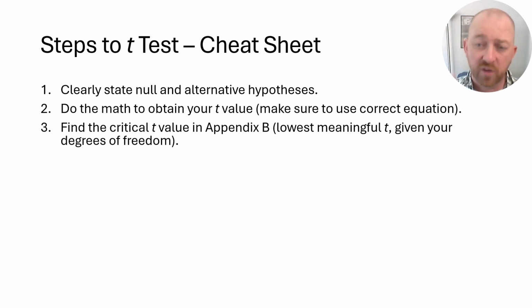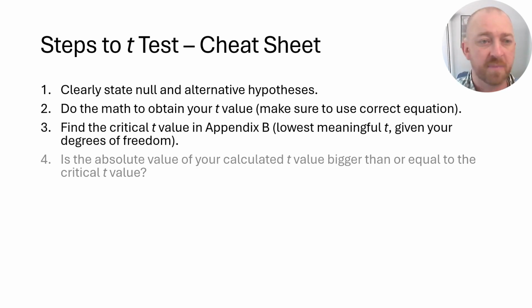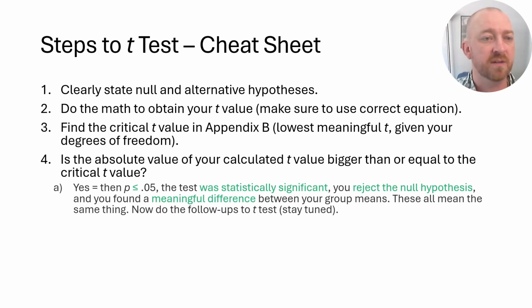Then you need to find the critical value using your degrees of freedom. So again, you use the degrees of freedom that you calculate. It's just n1 plus n2 minus 2. And then you find out your critical t-value using that appendix B. Then you test, is your value that you calculated bigger or smaller than, at least in absolute value, the critical t-value you just looked up using the one or two-tailed test criteria?